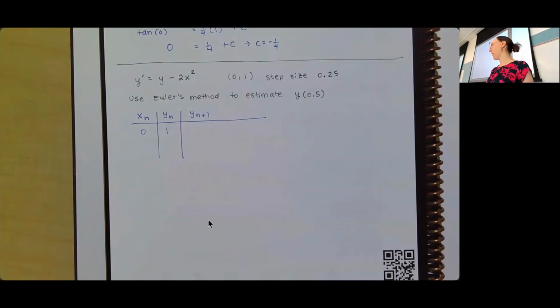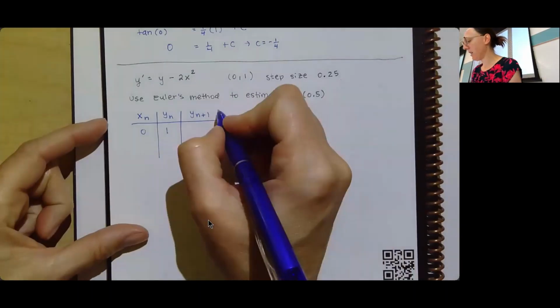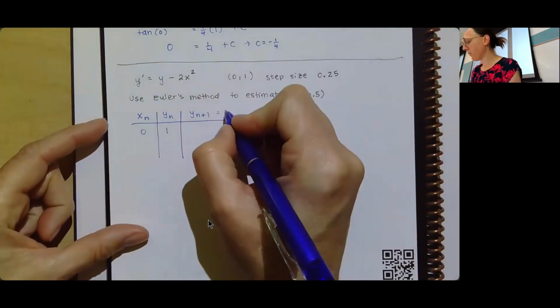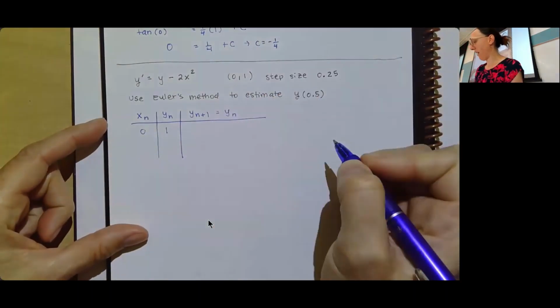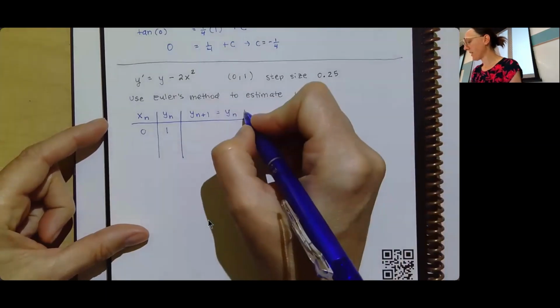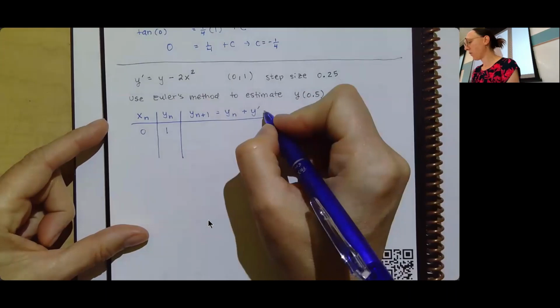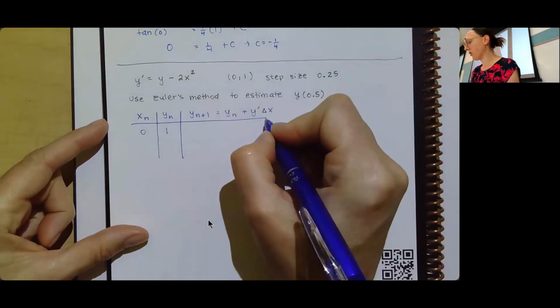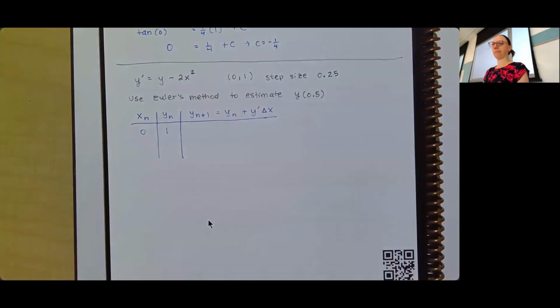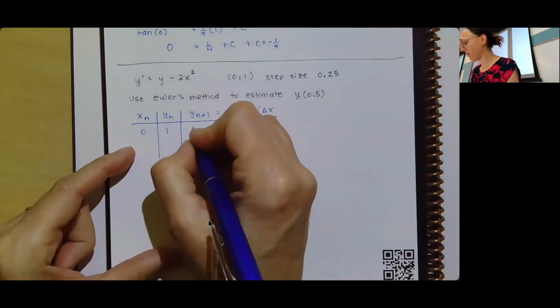Well, to get my new y value, this is really just that linearization equation, or the equation for a tangent line, that says what y value am I at right now, plus move in the direction of the slope for a little bit of a change in x. So to get my new y value, I'm going to take the y value I'm at.